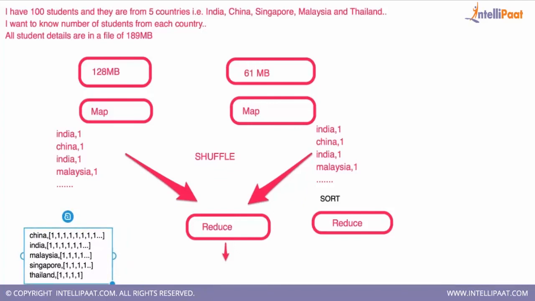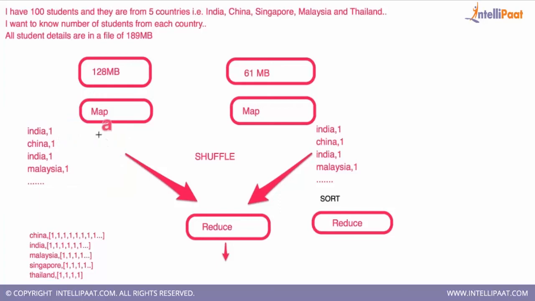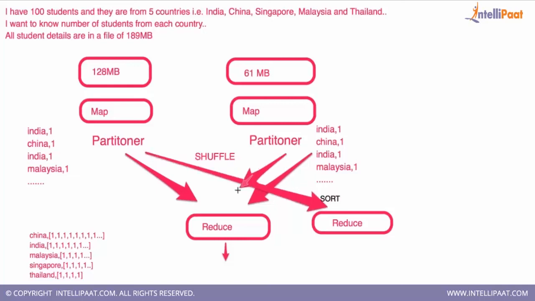Why? How will I know what should go where? That is where a component just below the mapper comes in, called the partitioner. Partitioner will decide which data should go where. How it will decide, we'll see.